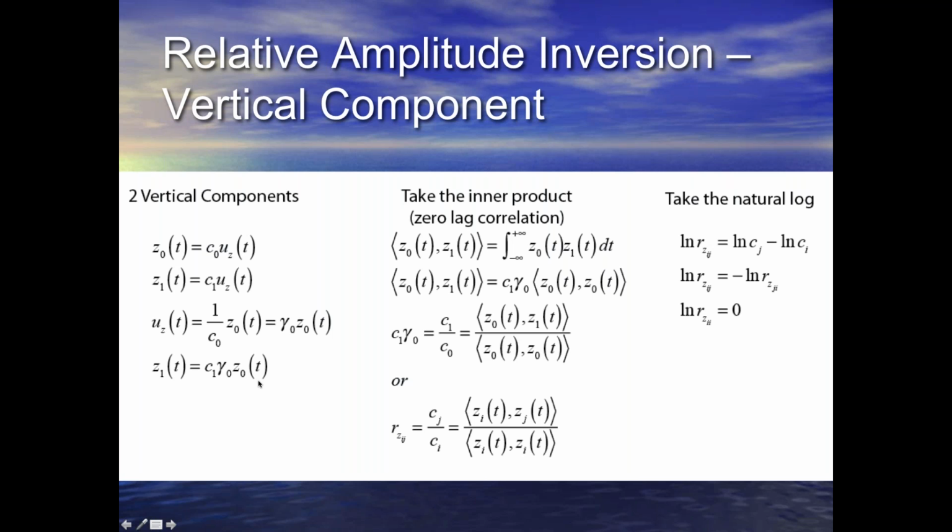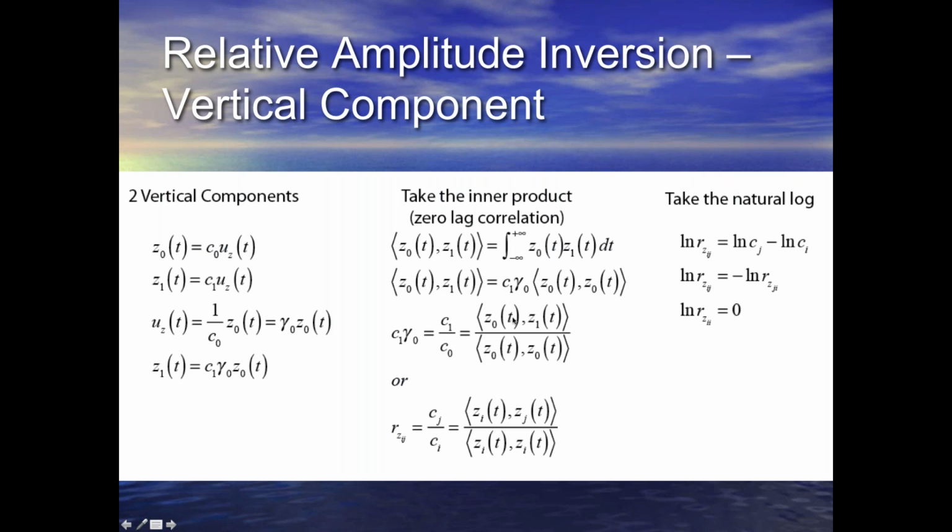That's all very straightforward, and basically we can take very long time series seismograms and take the inner product, which is just a zero lag correlation, and basically take the ratio of the zero lag correlation of one sensor to another over the autocorrelation to get the amplitude ratios.